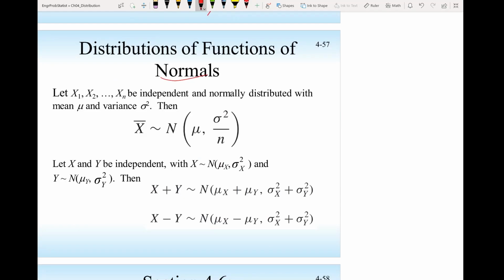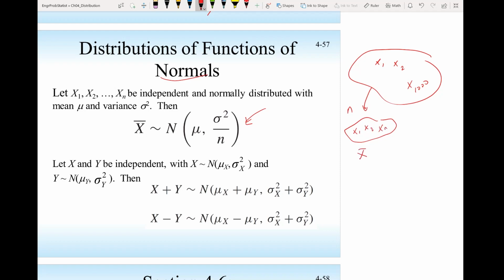Now let's look at the distribution of functions of normal distribution. And this one we already talked about. If I have a sample and I have many random variables here, and I took a sample of size n, and then I created this new random variable, which is the sum of x1 plus x2 plus xn, divided by n.